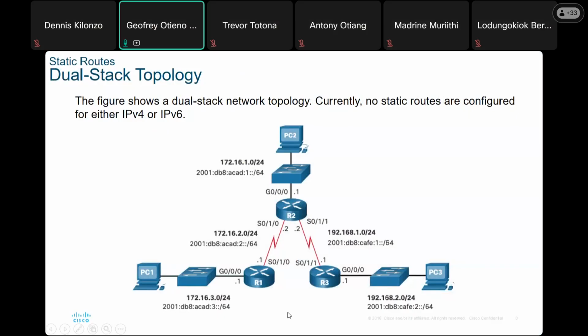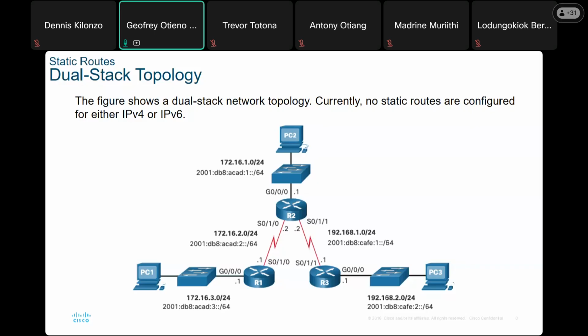So which is the next router while on R1? Correct, R2. That R2 is your next hop device. Underline the word next.